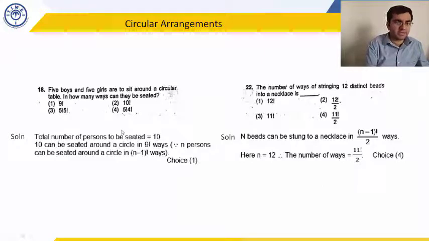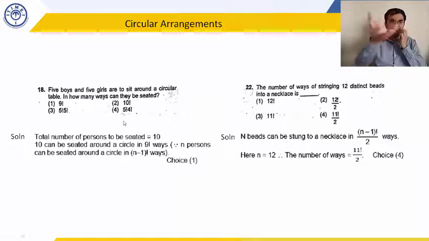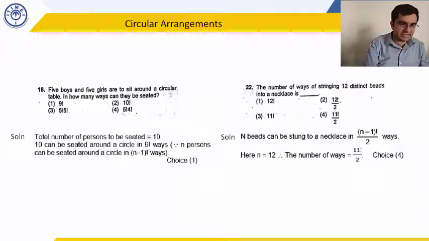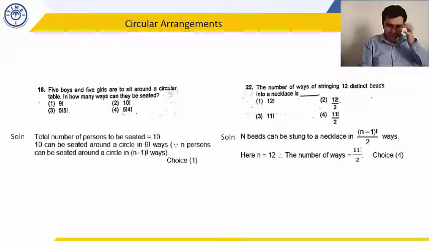And if you cannot pick it up and turn it around, like a circular table, you can't pick up the table and flip it, then your number of ways is n minus 1 factorial. That much only you need to know. It's a small topic, not so important. Please write all of this down.